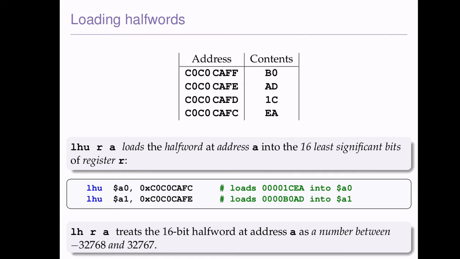And if we look at another example where we do the same, but with CocoCaf and A1, what would it store in A1? It would look at CocoCaf, see that the memory address immediately above it is storing B0, and CocoCaf is storing AD, so it would store B0AD into A1. Again, the load half word instruction treats the 16 bits of information as if it's signed, and it tries to maintain that. So that does a little bit more work, and again we'll get onto that later on.